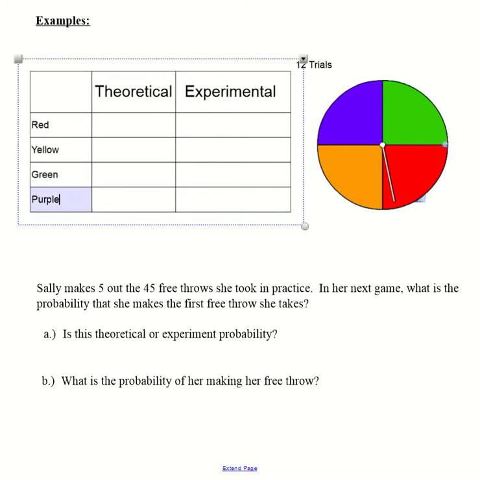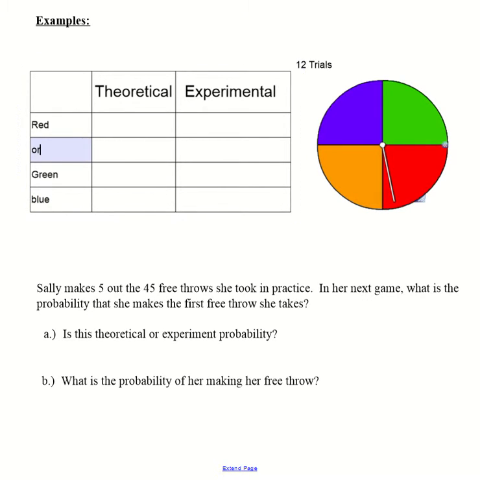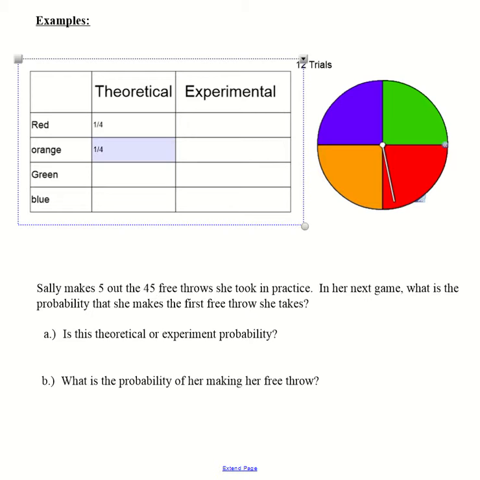Let's change the names in this box: blue and orange. Alright, so we've got red, orange, green, and blue. And if we think about it, there's 4 possible outcomes. So the probability of getting red, well, only one of the outcomes is going to get us that. That's 1/4. The probability of getting orange, well, only one outcome out of 4 gets us that. It's the same for green, and it's the same for blue.